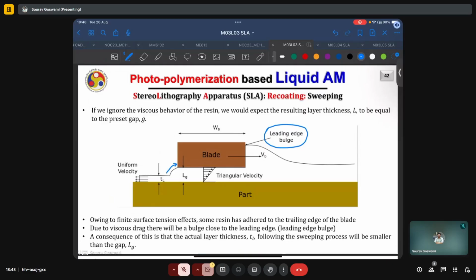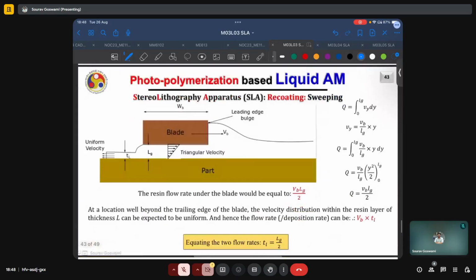And then far away behind the blade, we have the desirable layer thickness TL. And under certain assumptions, a relationship has been derived between the desirable layer thickness and the layer thickness just at the trailing edge of the doctor's blade.